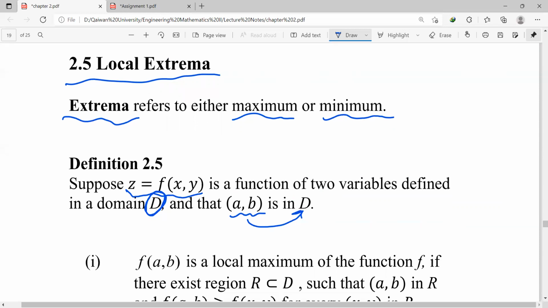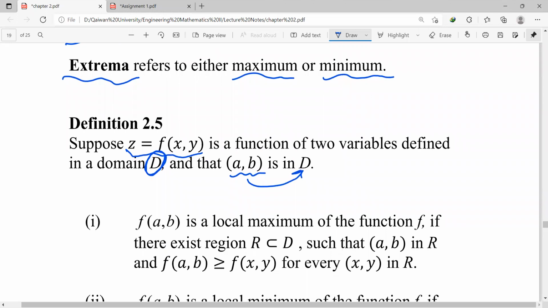And here for functions of two variables, if we have D to be the domain, and the function is defined on the domain, we pick a point (a, b) in the domain.